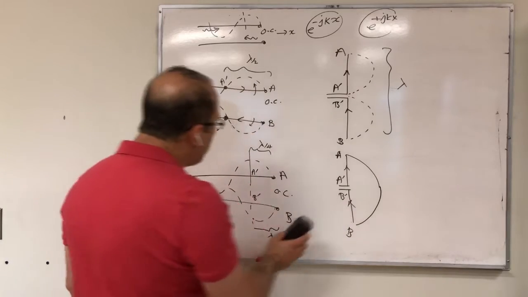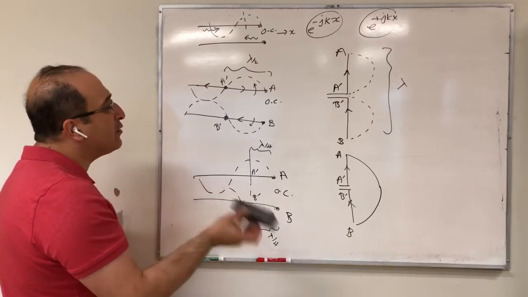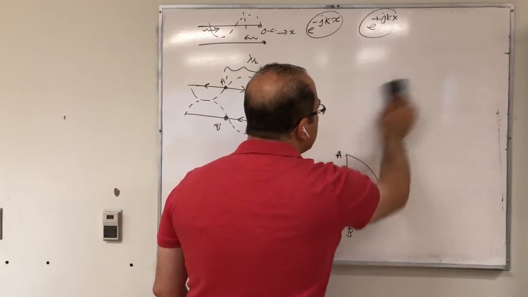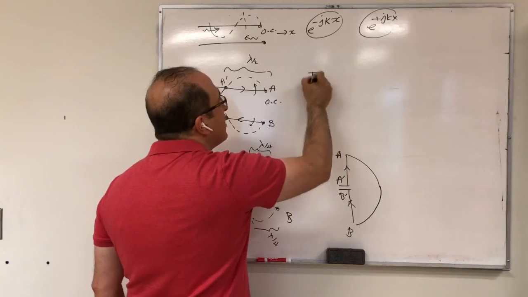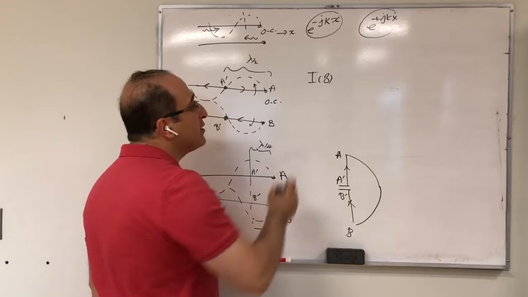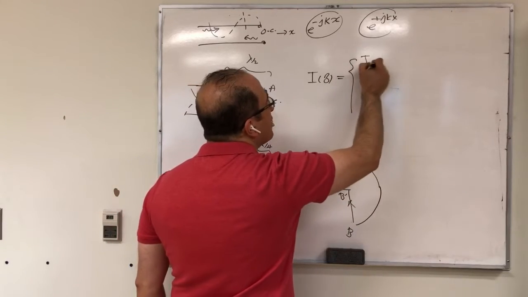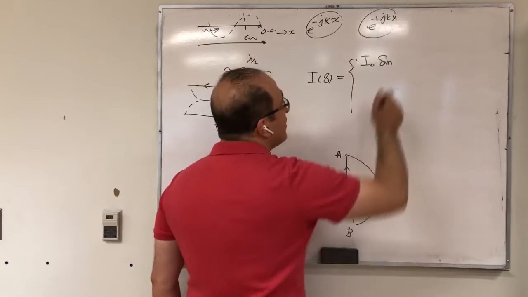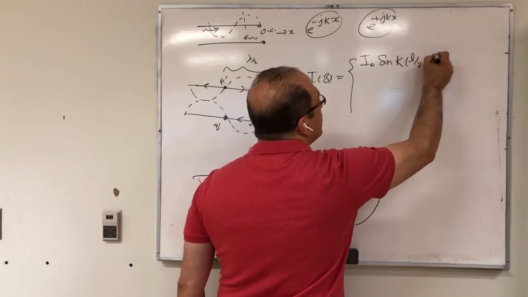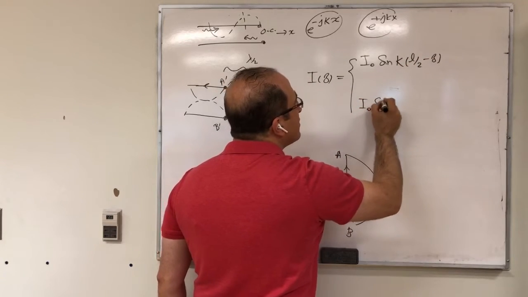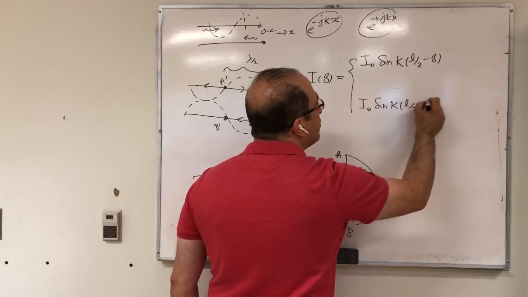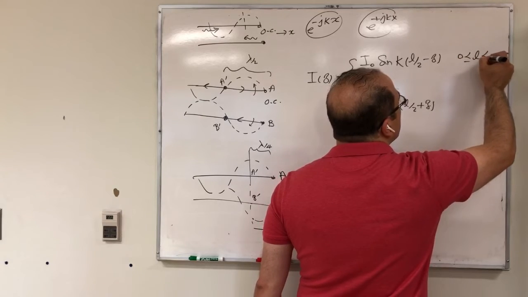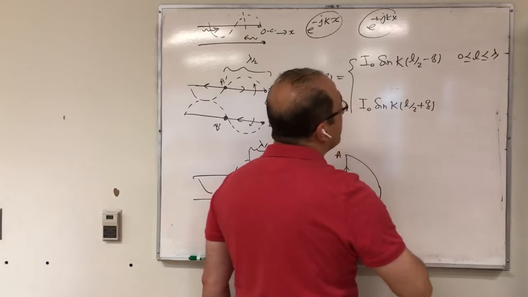So now what I need to do is to have an expression for currents on these two arms of the dipole antenna. And the expression is, of course, sinusoidal. So I can say I_z, assuming that the dipole is along the Z axis, is going to be I naught sine of k, wave number, (L/2 minus Z) for the top arm, and I naught sine of k (L/2 plus Z) for the bottom arm.